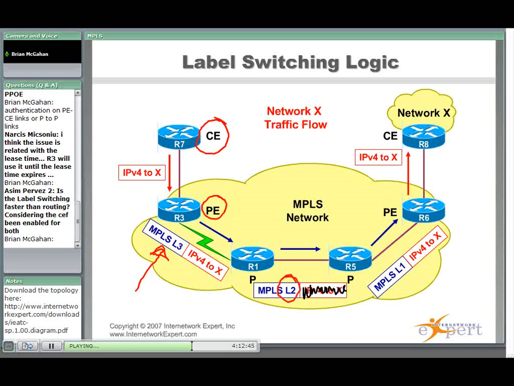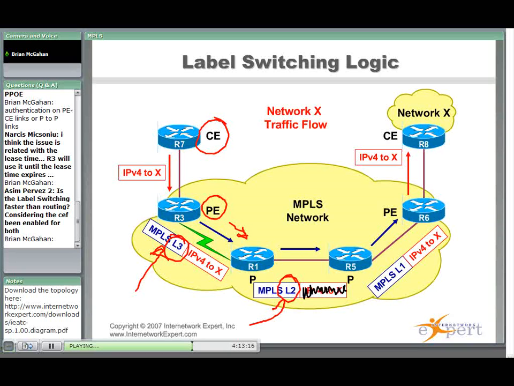Based on the MPLS forwarding information base, the LFIB, it's going to know that this needs to go out the interface towards router 1, using label L3. Now when router 1 receives this, it doesn't care what is inside the packet. It is not looking at the fact that this is an IP version 4 packet to X. The only thing it sees is that this packet came in with a label of L3.